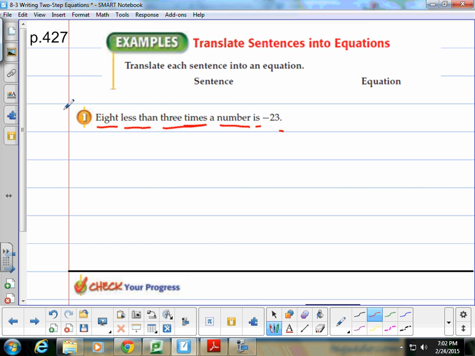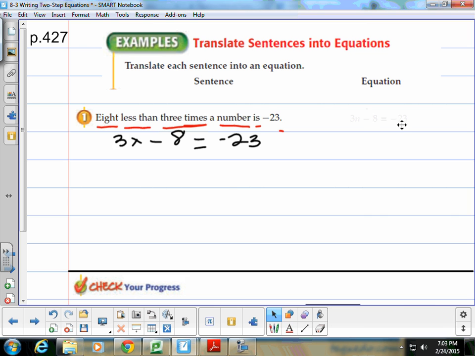If I just write this out, we might think this is 8 minus 3 times the number. But you have to know that subtraction is not reversible left to right. So this is 8 less than what 3 times the number is. So you have to recognize that this is going to be 3 times a number, and 8 less than that total, is represents equals, and then that 23 still applies.